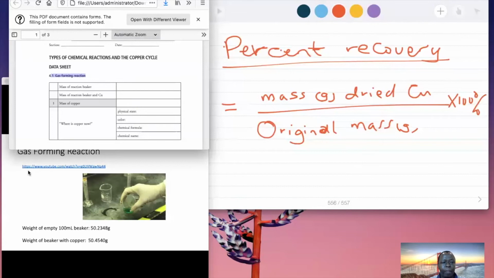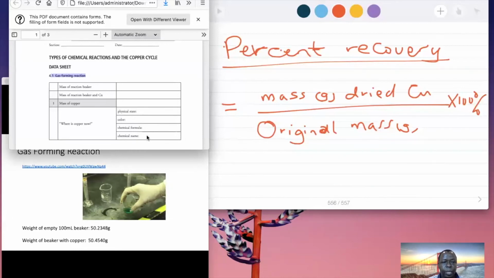Now the color, if you look at the copper forming right here, what is the color of the solution? That's what I'm looking for. And then of course, the chemical formula, look at the reaction. Follow the cycle. When you go around the cycle, once you perform the reaction in 4.1, what is the chemical formula for the copper compound formed after the reaction in 4.1?